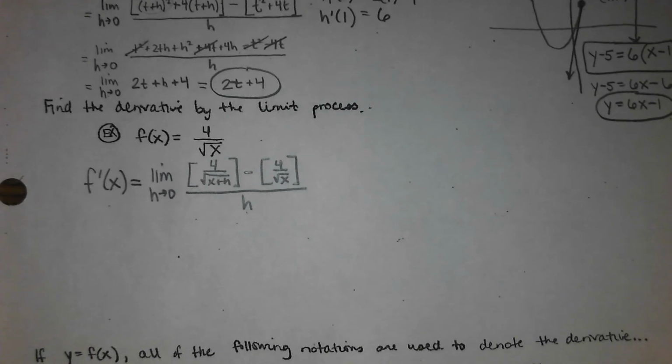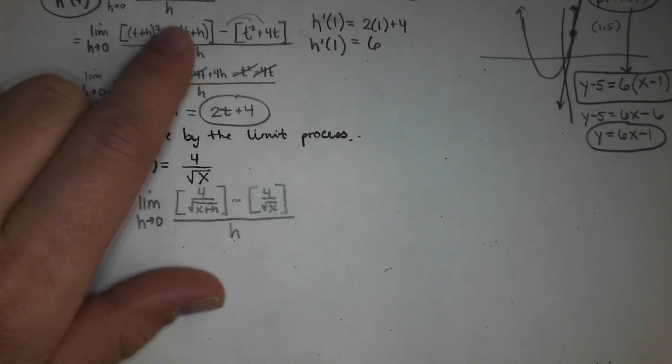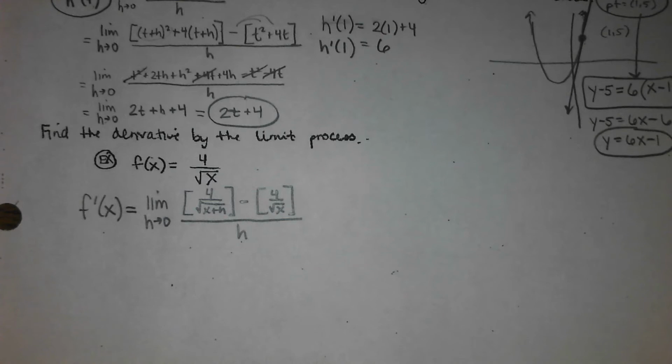And so our manipulation here would consist of what? In what ways do we manipulate? Sometimes we just simplify things out and reduce. Sometimes we factor and cancel and reduce. What are our other methods of manipulating?